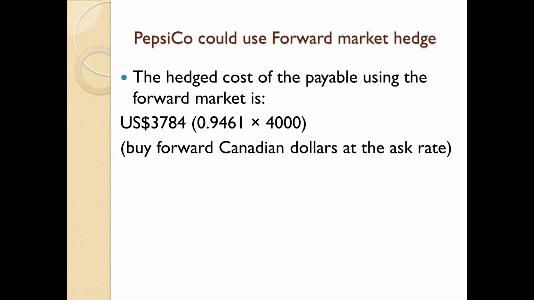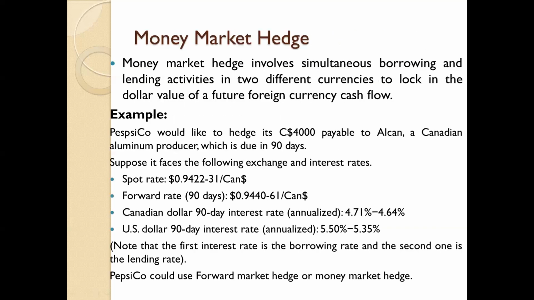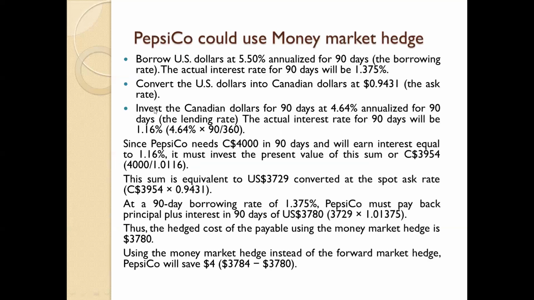What we know as money market hedging involves simultaneous borrowing and lending activity. This importer can borrow a US dollar denominated loan at 5.5% per annum.